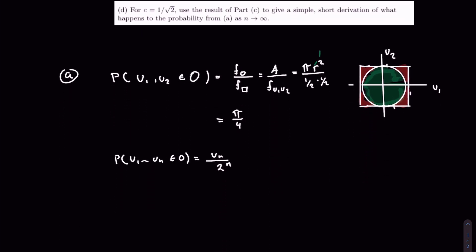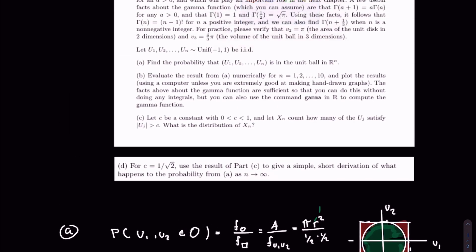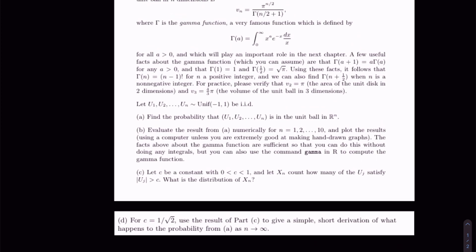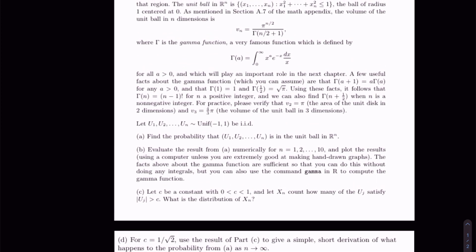Okay, so let's move on to the next question, and that is about computing. You're asked to evaluate this numerically using R, and I'm going to leave it up to you, because I'm more focused on the mathematical part of these questions.